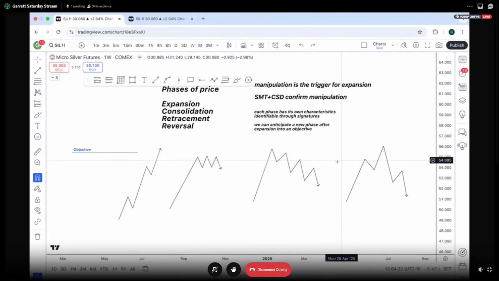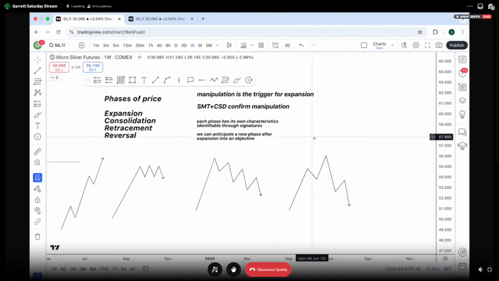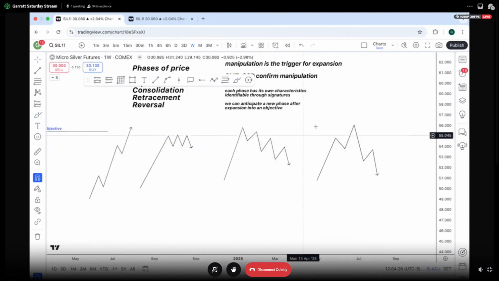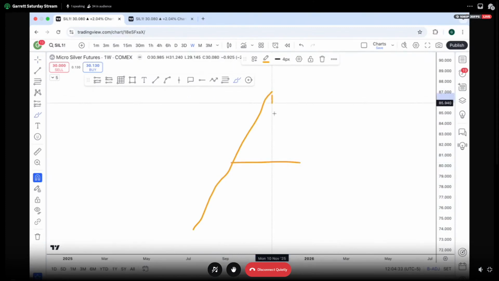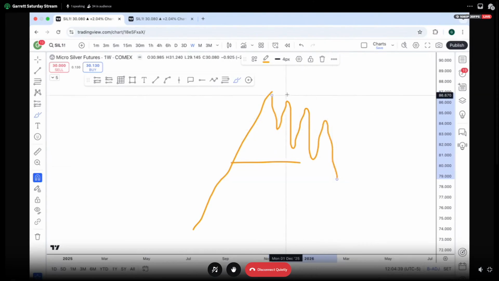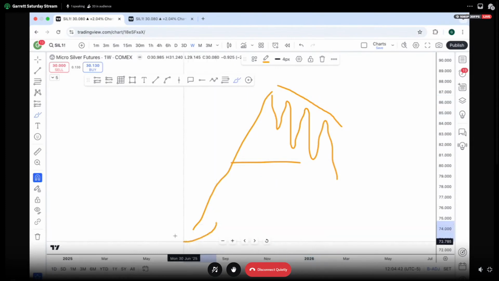So retracement is more so almost like consolidation, but we can retrace deep into a range. It's an LR signature where you make deep retracements, leaving failure swings. That's the key, right? When you see these failure swings like that, typically this range is going to hold.